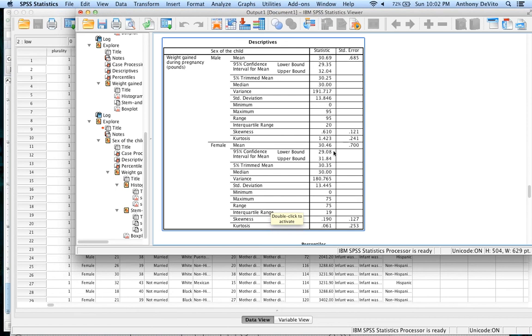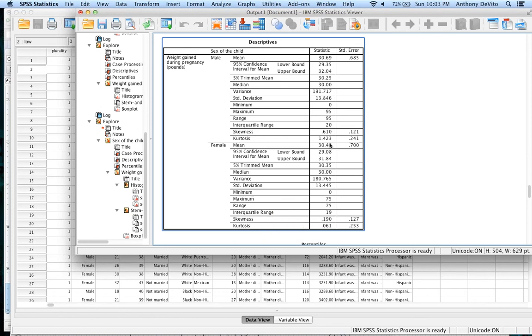Based on the variability, we're going to determine whether or not this is a statistically significant difference, whether this difference is due to chance or whether the difference is really a difference in the average weight for all female infant births and all male infant births in terms of weight gain to the mother, or whether the difference is just due to chance.